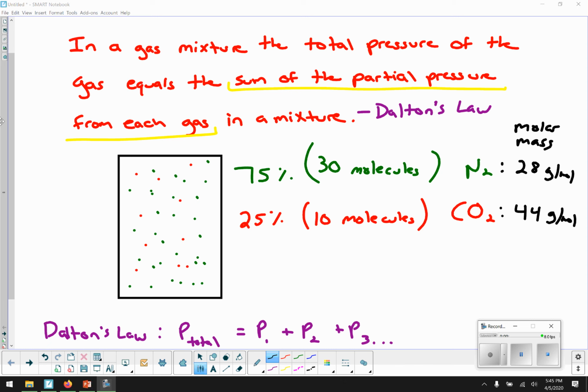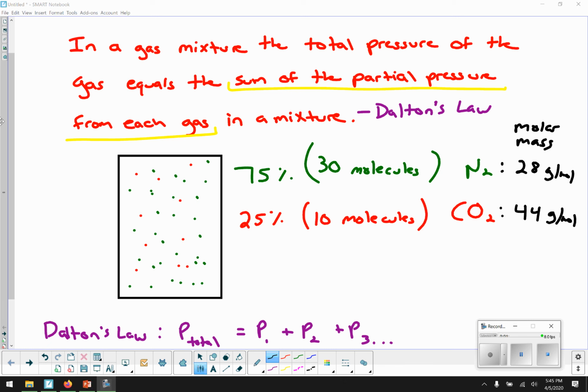So gas mixtures don't act differently, at least physically, than individual pure gases, as far as how they respond to pressure, volume, temperature, and number of moles. And the reason for that is because all the particles compensate at a certain temperature with their speed.